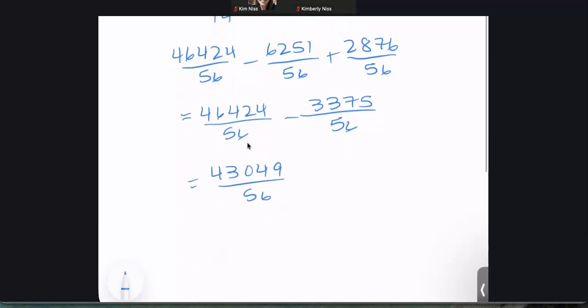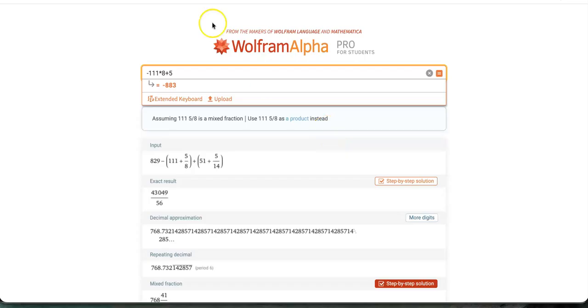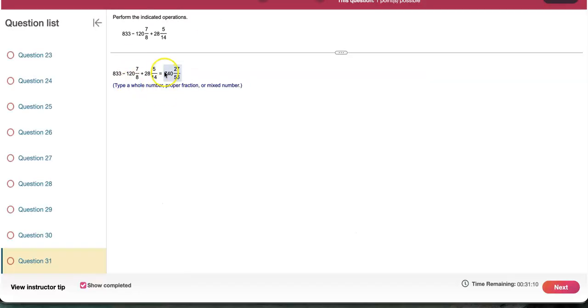Okay, so theoretically, according to the problem statement, you could put in this answer and it would accept it. I'm going to go ahead and show you how to turn this into a mixed number again, just to make sure that we get the right answer.